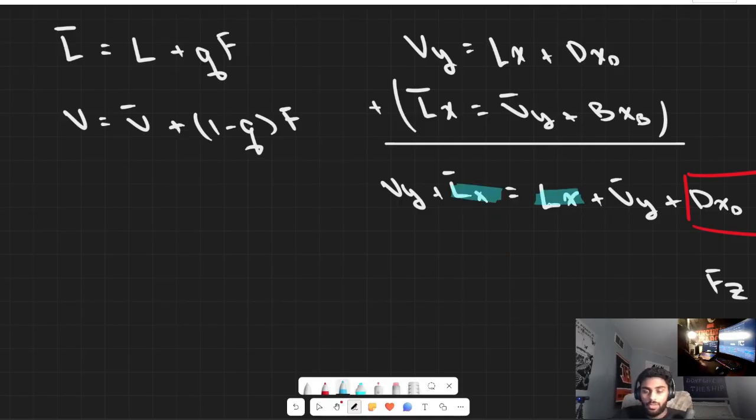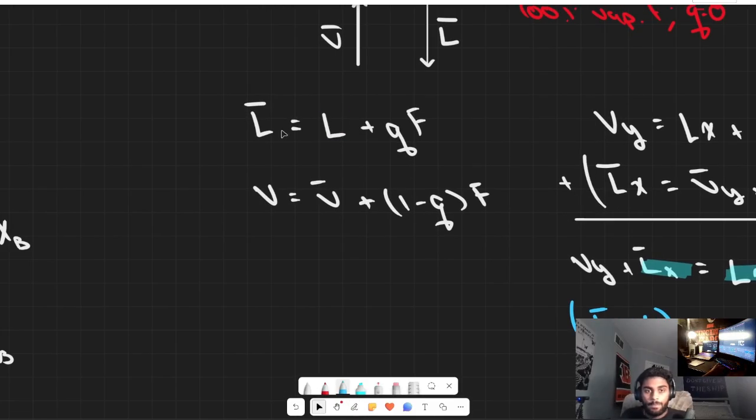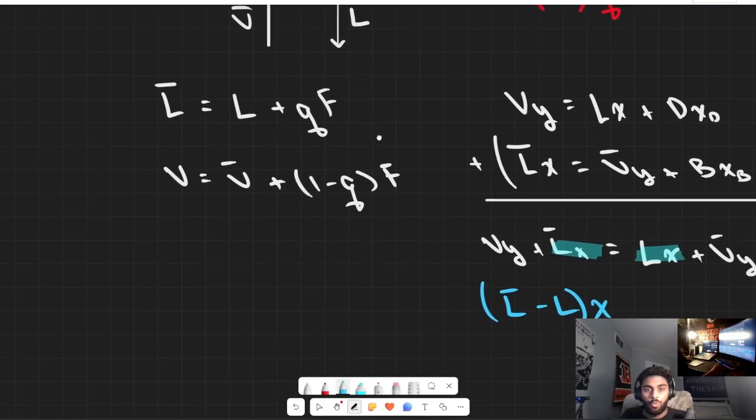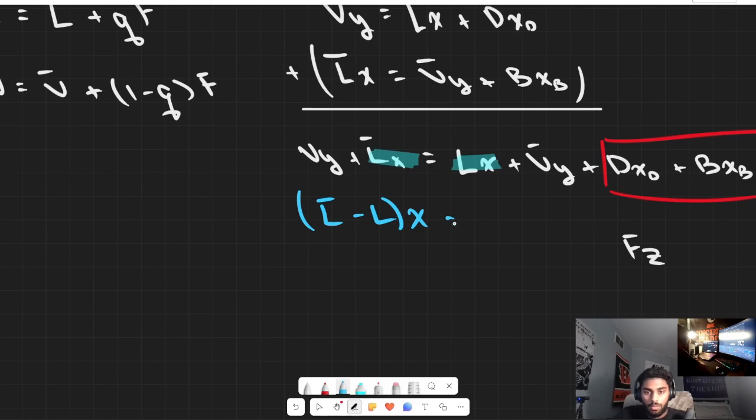If we were to combine these two terms on one side, let's say I subtracted my L over to this side, what we have now is L bar minus L times X. Well, L bar minus L is equal to QF, so we're going to have QFX.